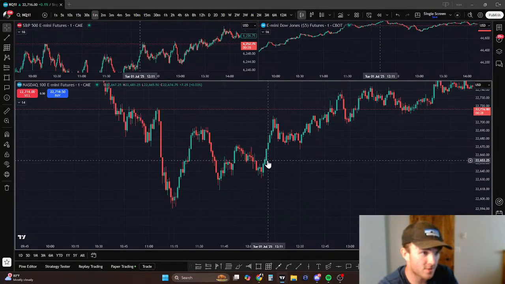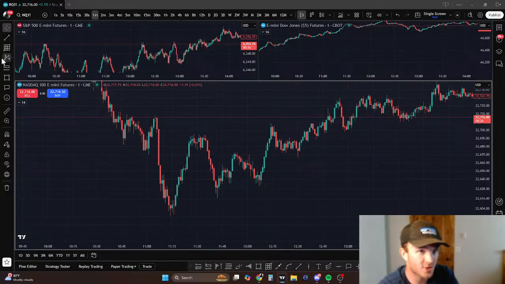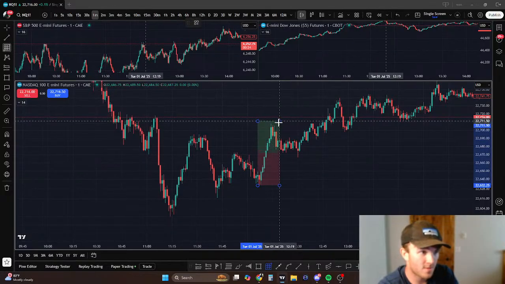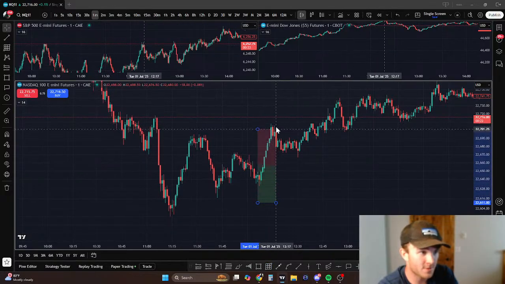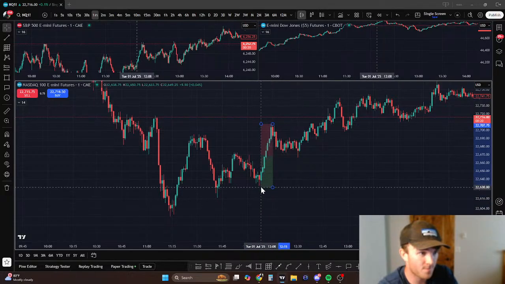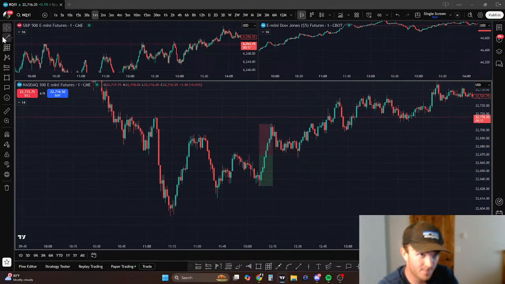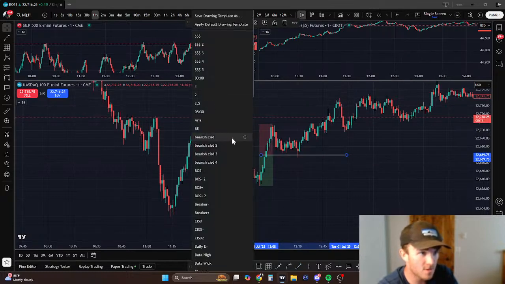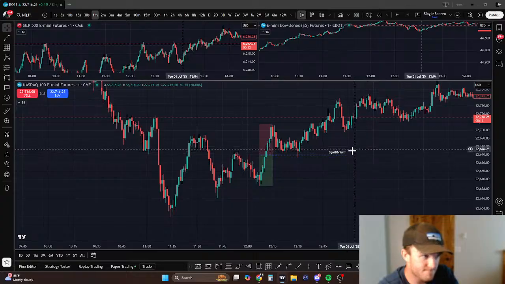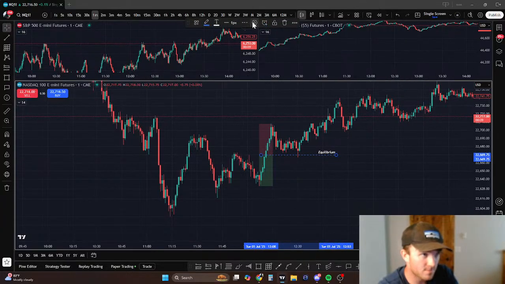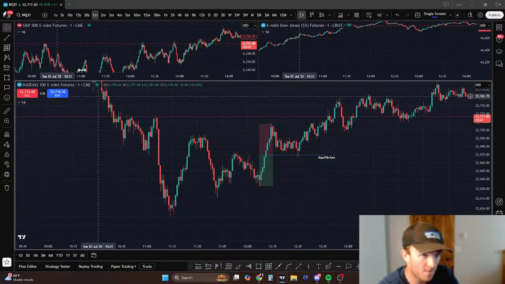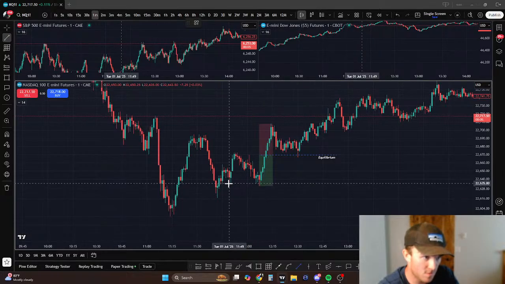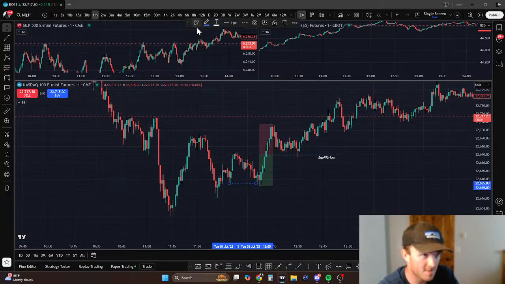Here you have a liquidity sweep, break of structure, fair value gap at equilibrium. Actually, this is a BPR, which makes it even better.